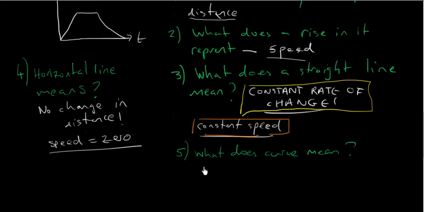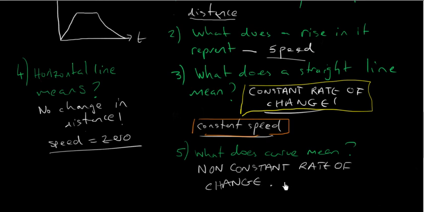And this is universal again: on any graph, it means non-constant rate of change. Or non-uniform. Another word here is uniform rate of change. It's a very common word also to say it in.